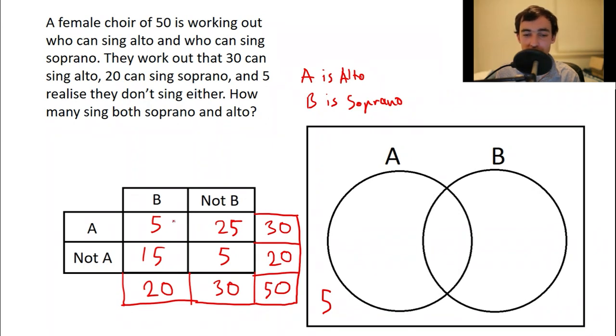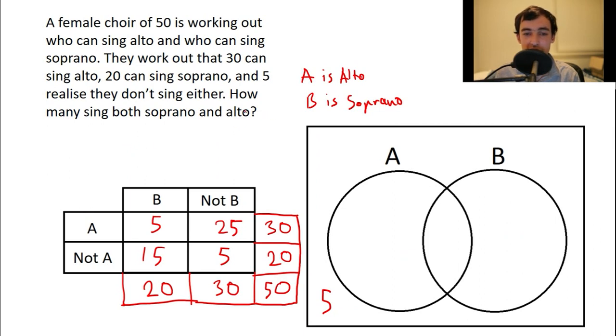Sorry, the reason why we did that again was because we know whatever's here plus 25 equals 30. And whatever's here plus 15 has to equal 20. Alright, now depending on how well you've understood the previous section, that may or may not make sense to you in terms of how we answer this question.